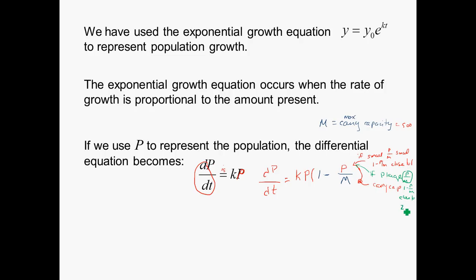Close to 0. So if this whole thing is close to 0, then your rate of change of growth is close to 0. Now that's a whole bunch of abstract explanation. You don't need to know it. You do need to know this formula, however.